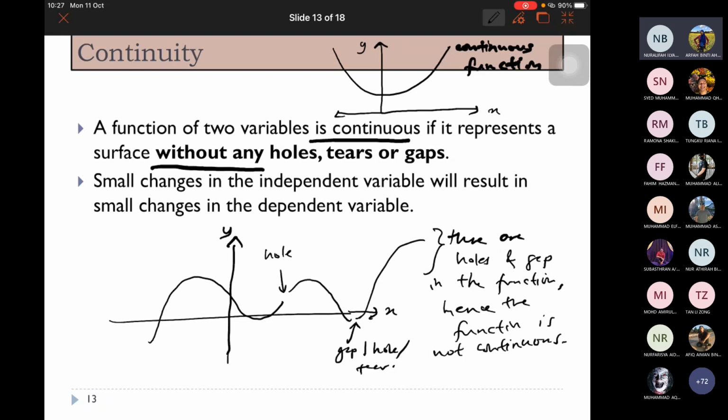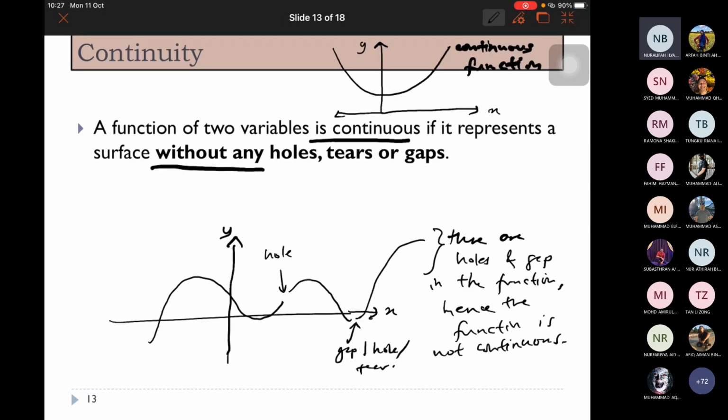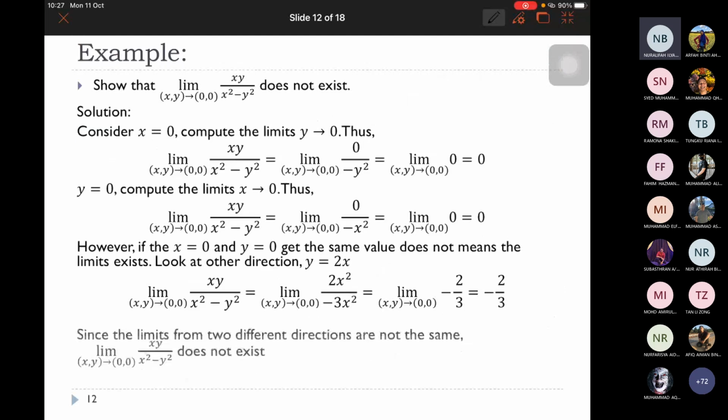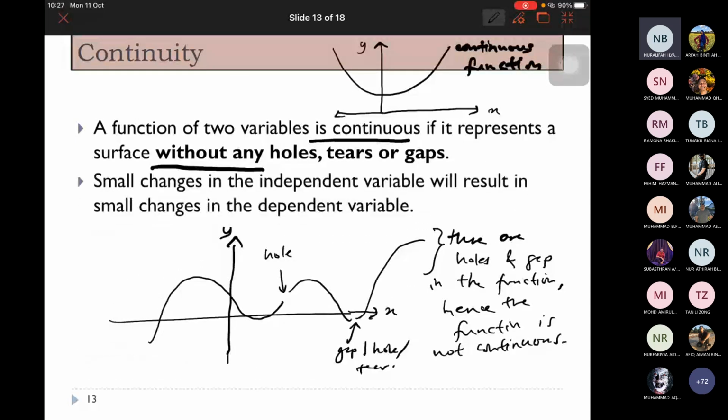Done? That one? Entah belum? Belum eh? Saya nak salin, saya bagi salin dulu. Aduhai. Done.